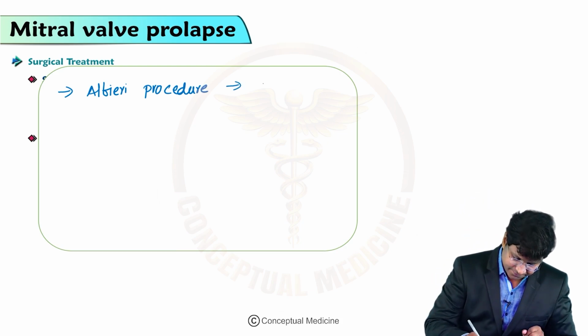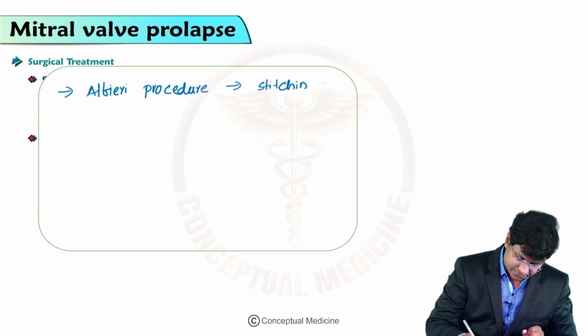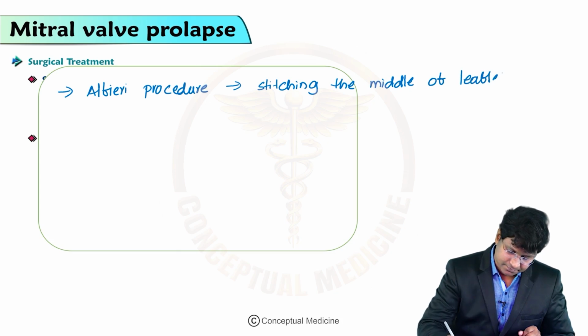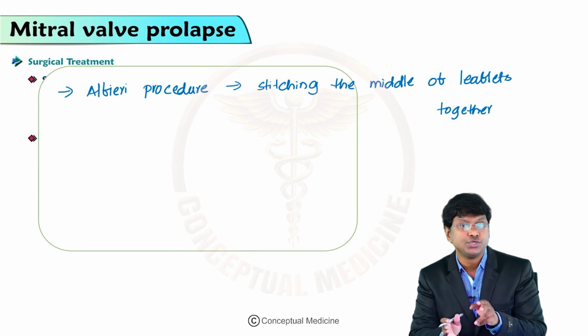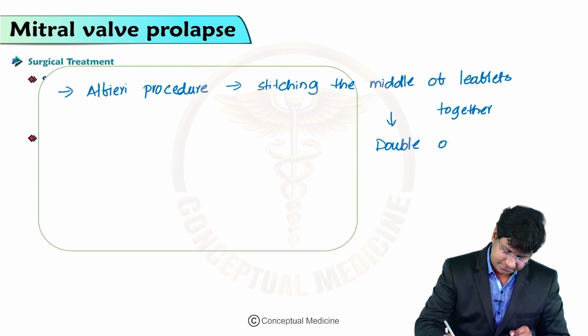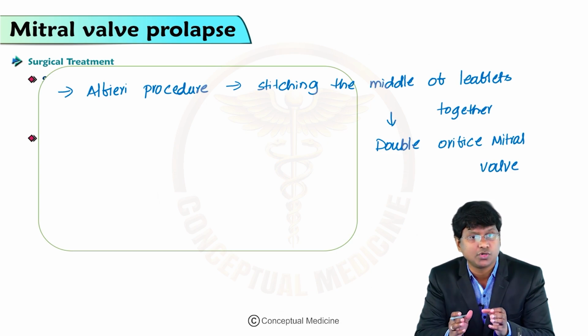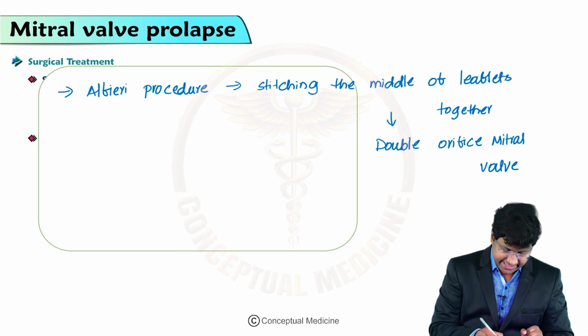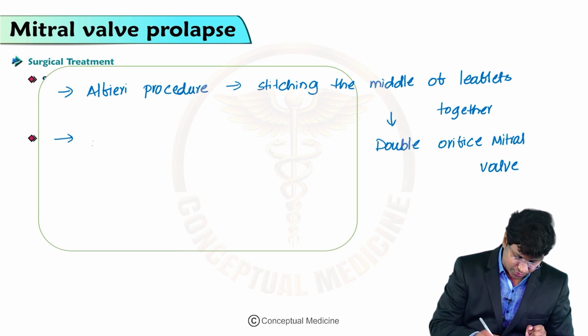Okay, so stitching the middle of the leaflets together to create a double orifice mitral valve is also used at times, and that is what is called the Alfieri procedure.